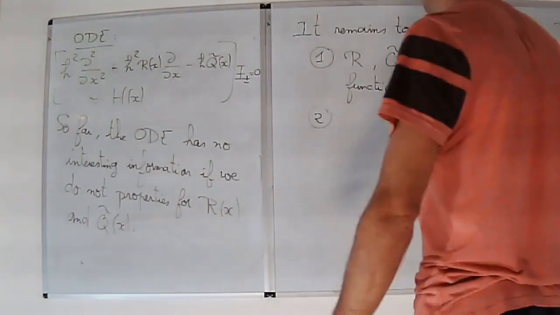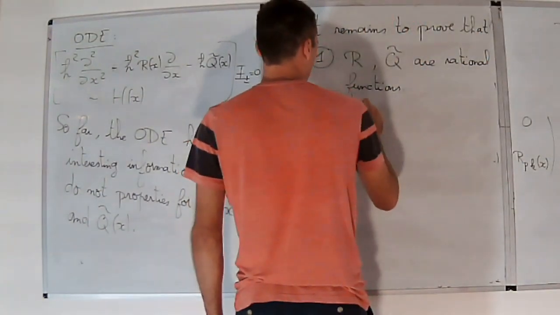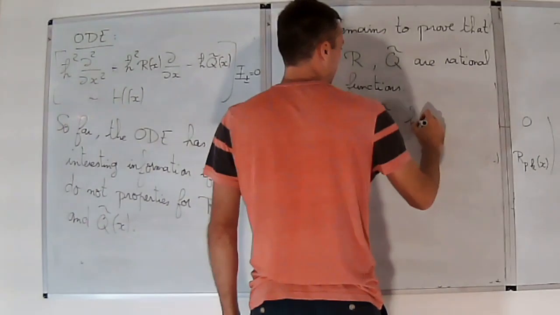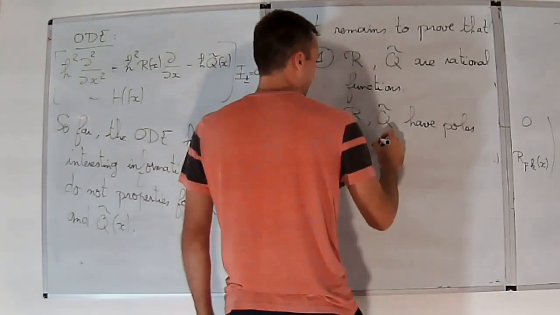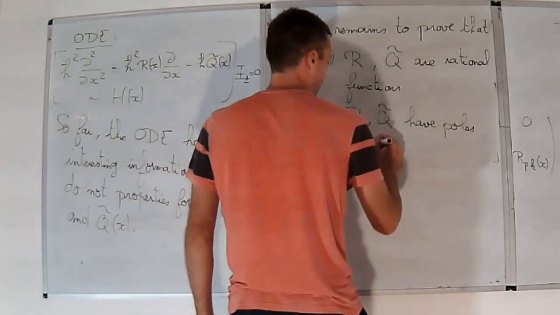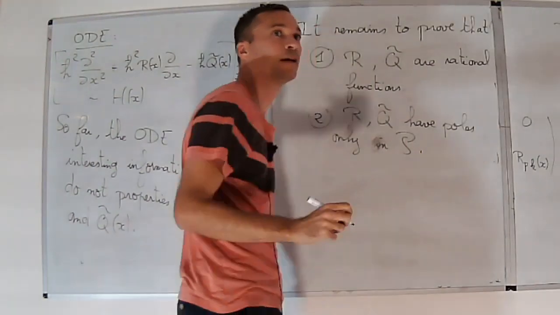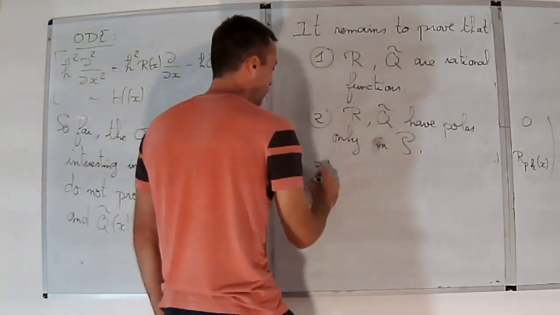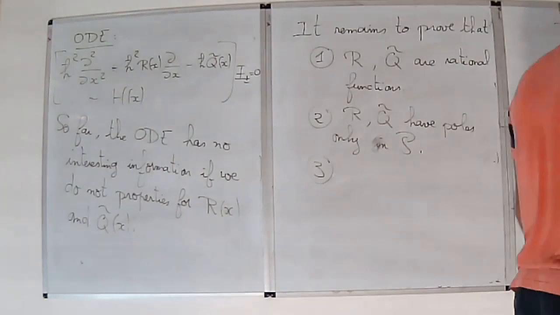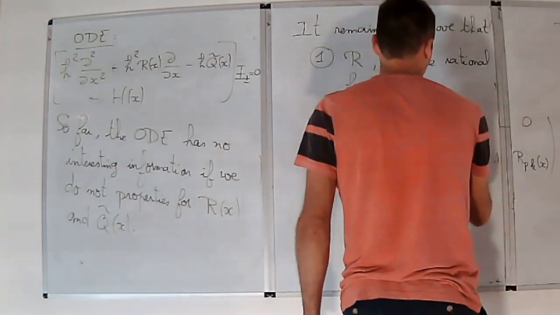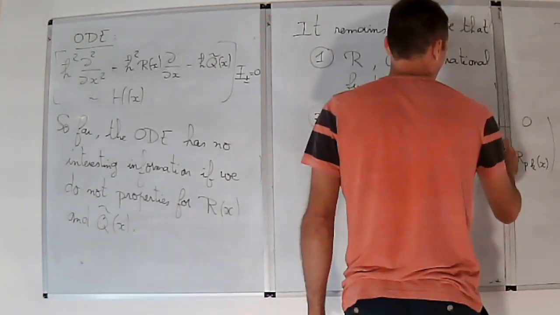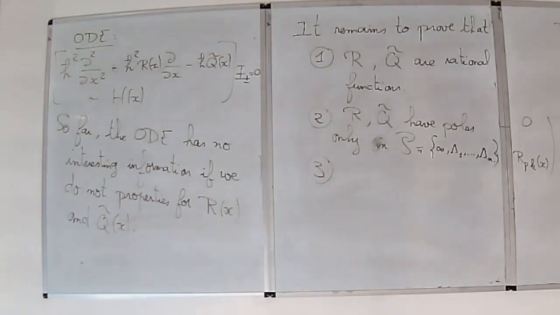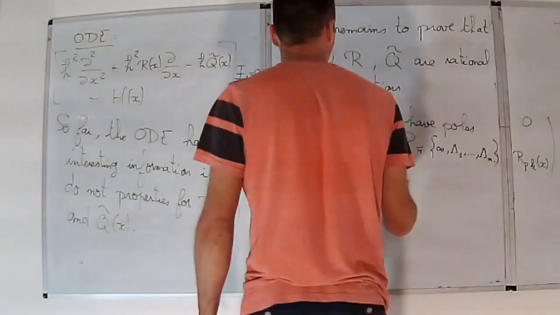So what we want is to prove that R, Q tilde have poles only in P. And even more, so P is infinity and lambda 1 to lambda n. So the same as the initial spectral curve and nothing else. And the third step is that we need to control the order of the pole.